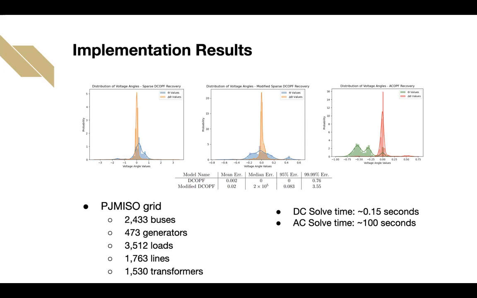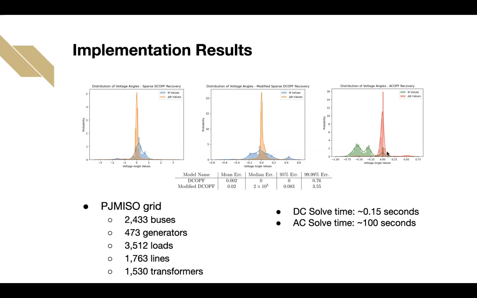So we have to sacrifice some power balance error to make our relaxation assumptions a little bit more valid when we're actually solving, to bring some of the structure back into the problem.